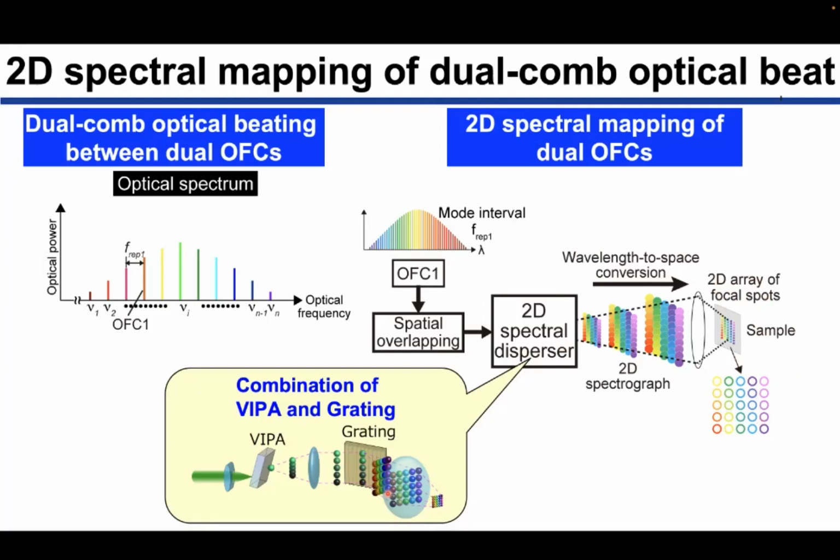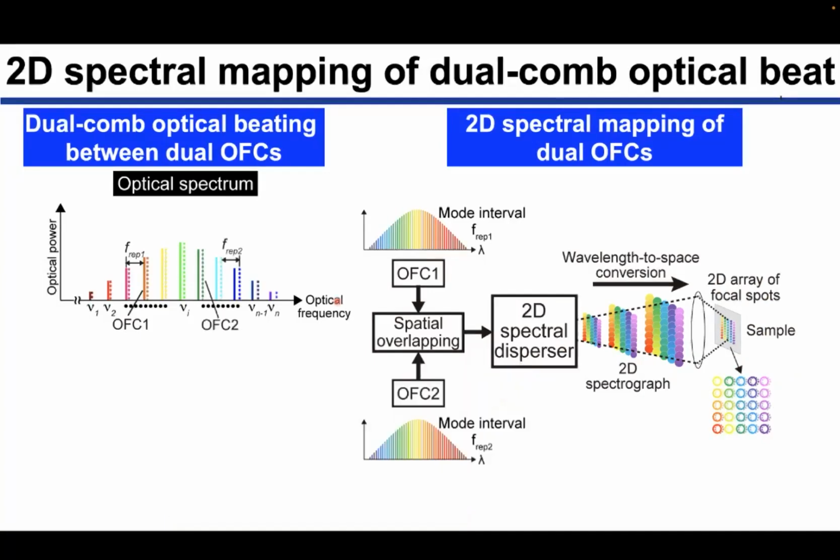We next prepare another optical comb with a slightly different frequency from FREP1 as a second OFC, namely OFC2, with a frequency spacing of FREP2. Each mode of OFC2 is set to be close to that of OFC1, like here.